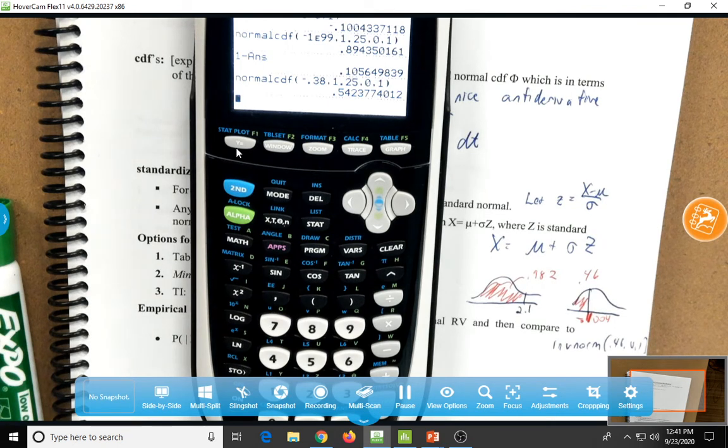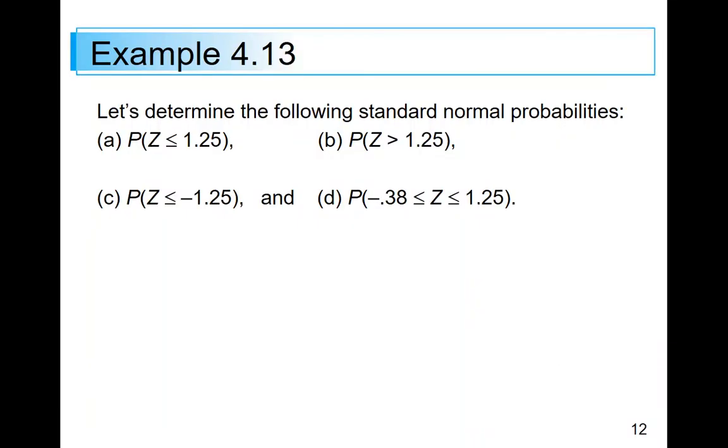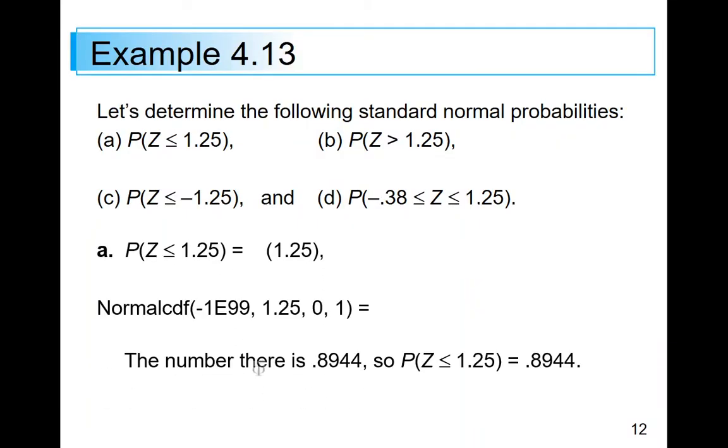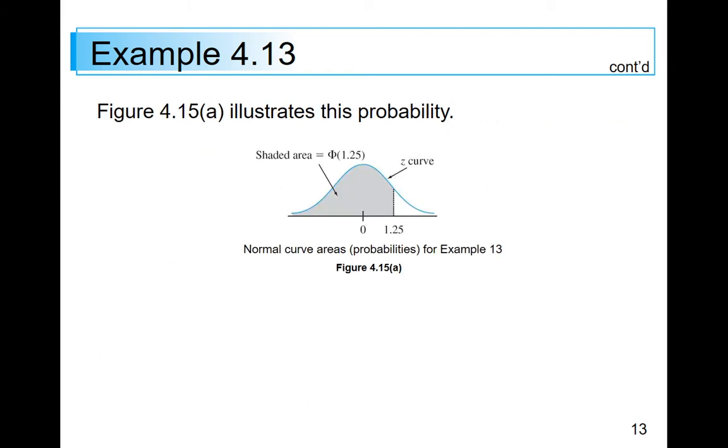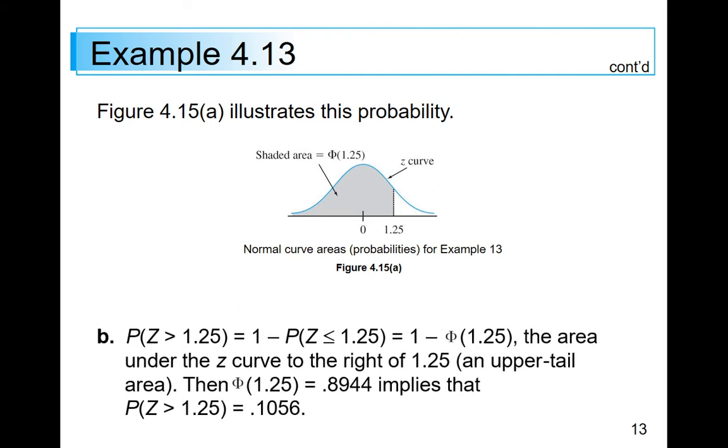So the CDF is kind of like the limits of your integration, your lower limit to your upper limit. And again, you could use a negative number rather than negative infinity for the lower bound. So capital Phi of 1.25, this is your z-score, gives you the area for that. Question here? Okay.